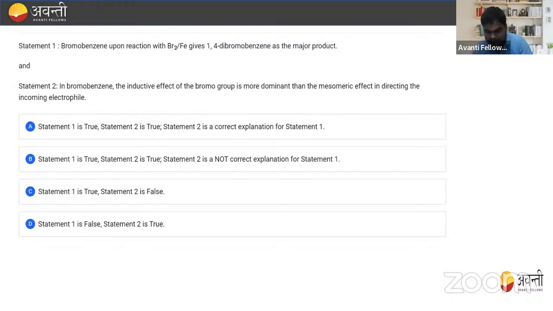Now, this is a statement-based question. The first statement is: bromobenzene upon heating with Br2 in the presence of iron filings gives 1,4-dibromobenzene as the major product.